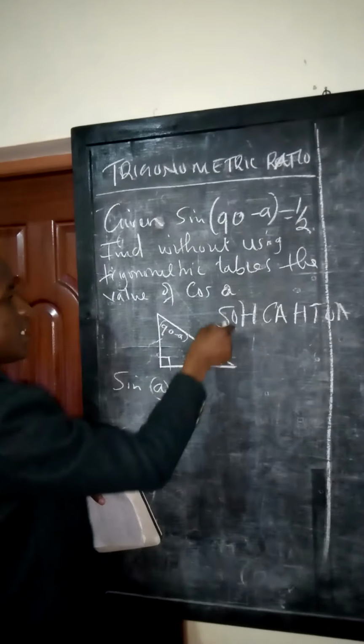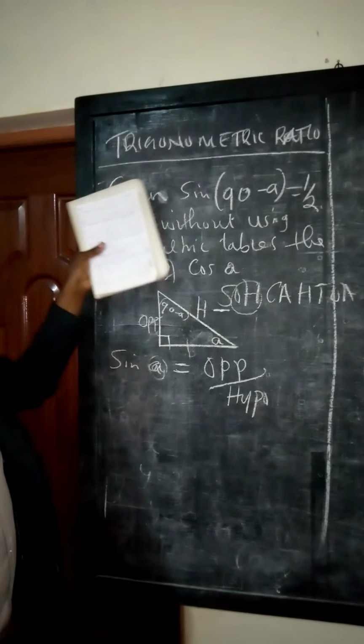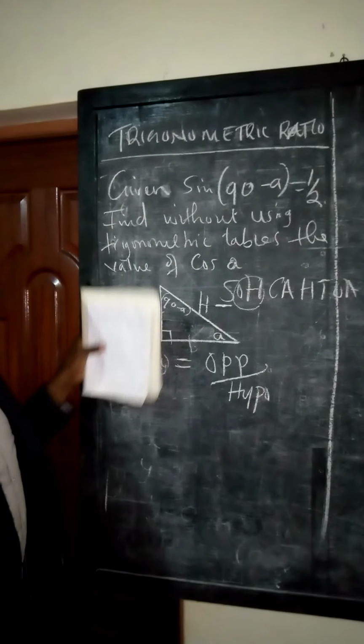Therefore, sin A is equal to opposite over hypotenuse. But we are given sin(90 minus A) is equal to a half.